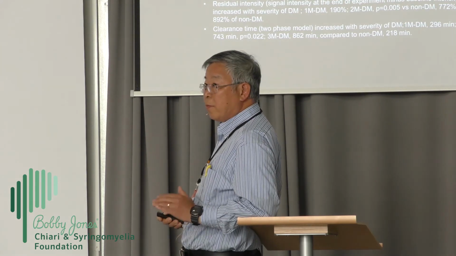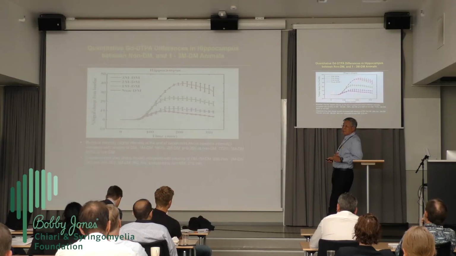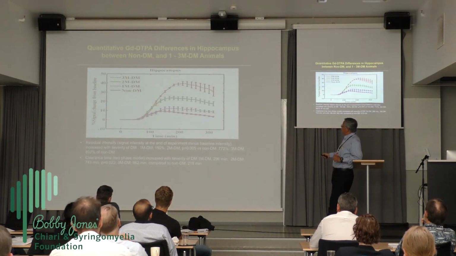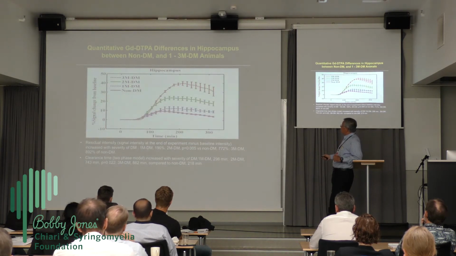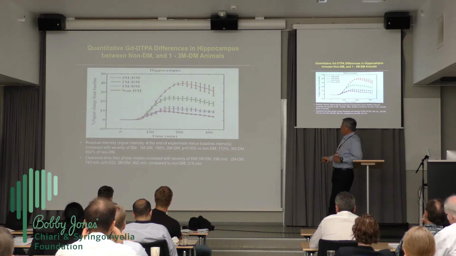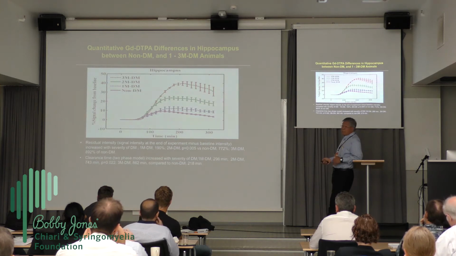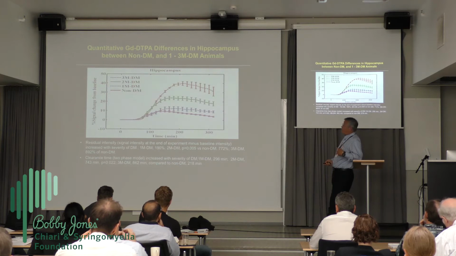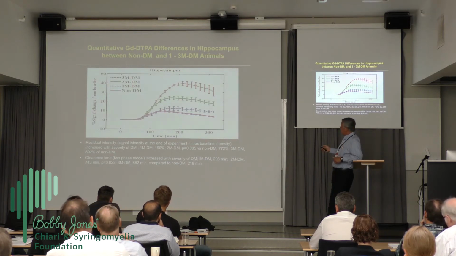The other parameter comes from the two-phase analysis. We don't analyze the input part, but the clearance part, which also shows a significant difference. We have a quantitative value for each group, so quantitatively you can very easily differentiate the groups.